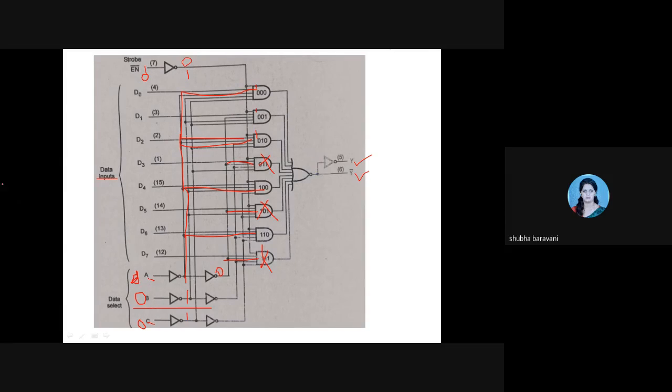And it is coming to this AND gate, meaning this AND gate will not work. Now, is it possible for you to analyze? You all can analyze this. Yes or no?